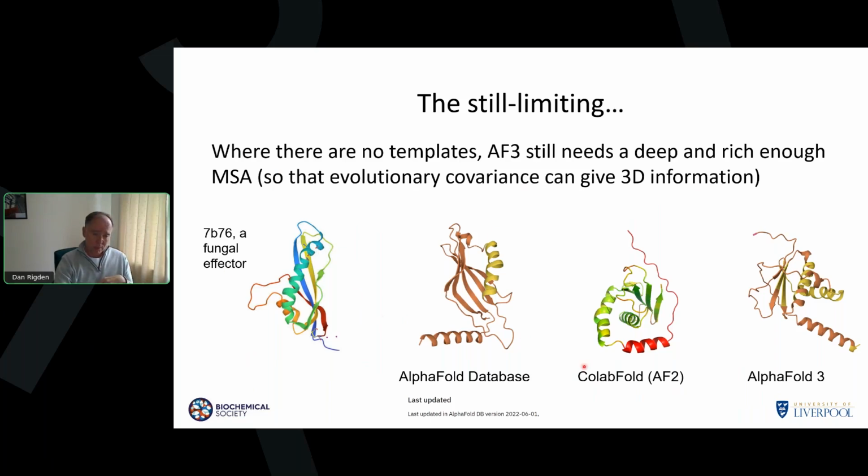Here's a protein in the PDB, but it's a protein that these methods still can't model well. This is the AlphaFold database, AlphaFold 2, another version of AlphaFold 2, even AlphaFold 3. It can't model it well because there isn't a high quality MSA to do the modeling from.